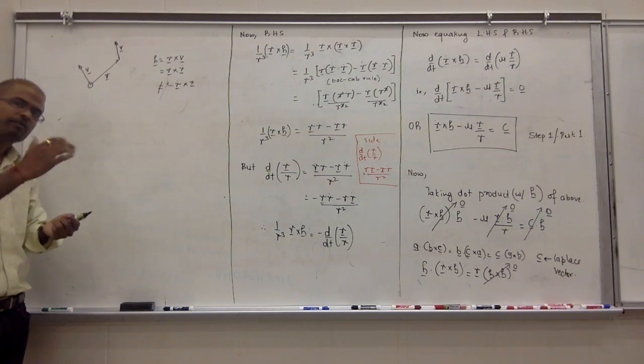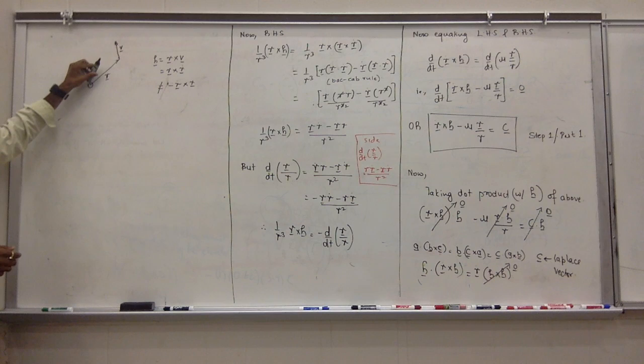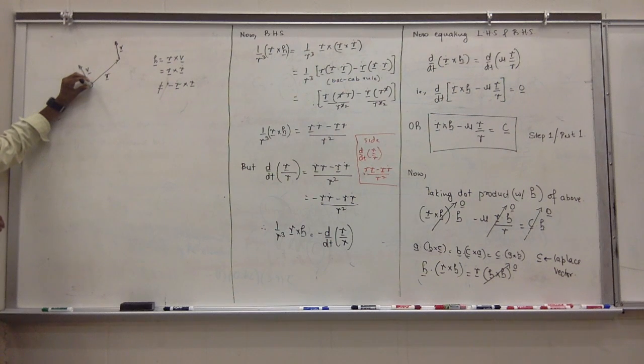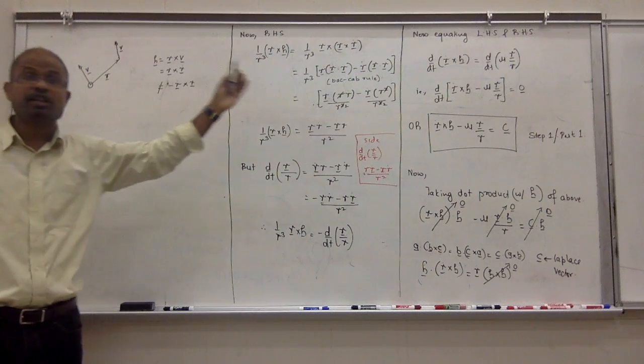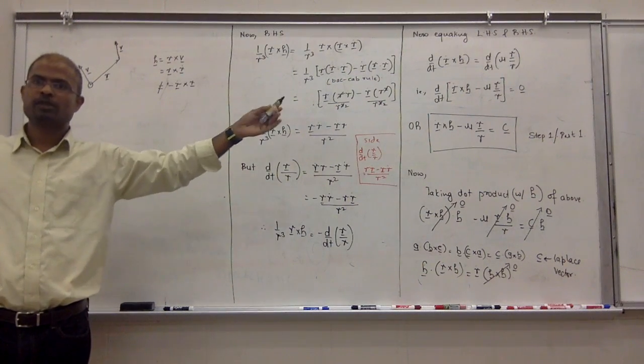The plane itself will change. Change in direction means it will become like this or like this. What if the magnitude changes? The orbit size will change. The plane will remain the same, but the size will change.